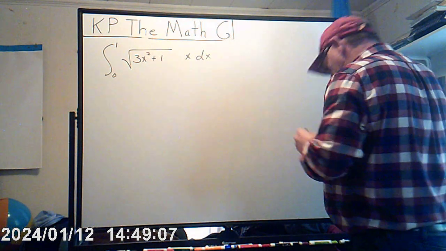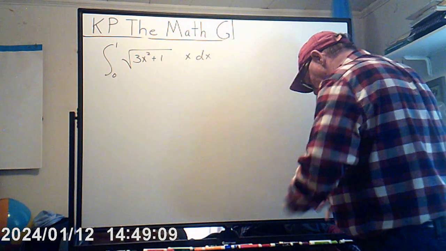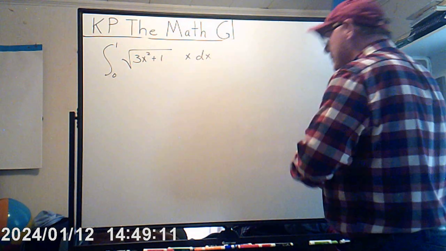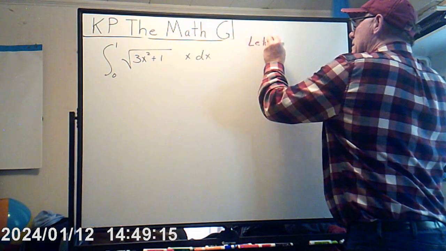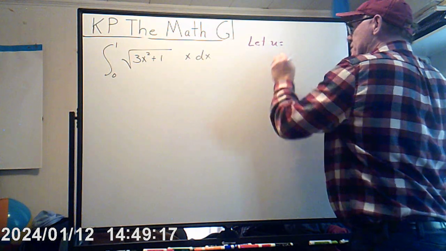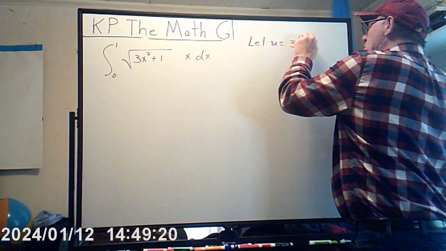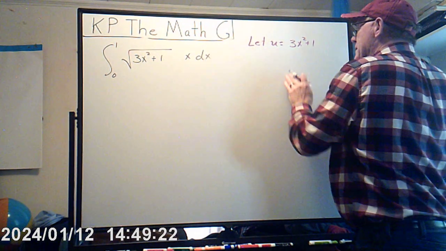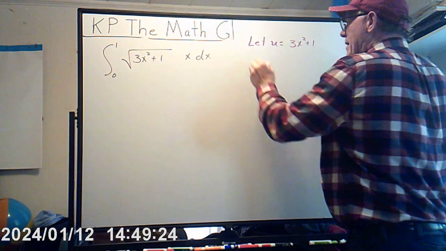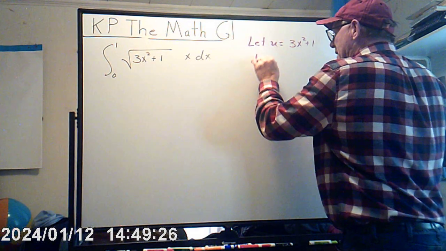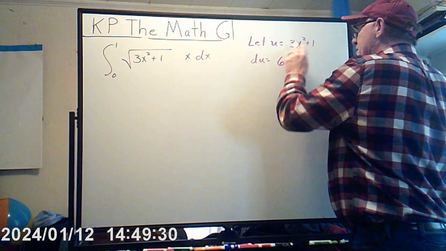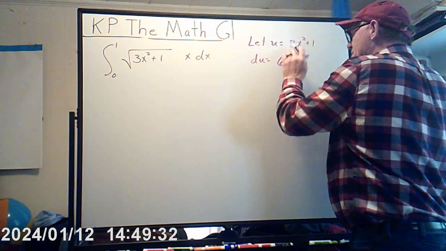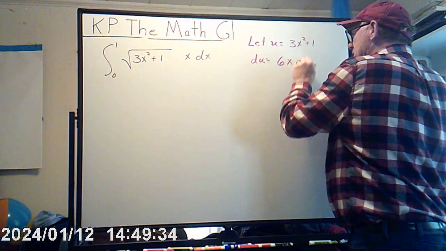Okay. Again, you're going to let u be a different color. I like a variety. So here we go. We're going to let u be equal to 3x squared plus 1. I'm going to leave that up there. Now, I still want to do du. I always like to do du first. This is still 6x dx, 3 times 2 is 6.